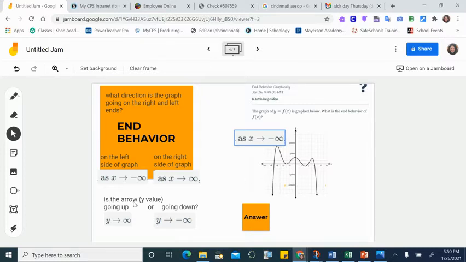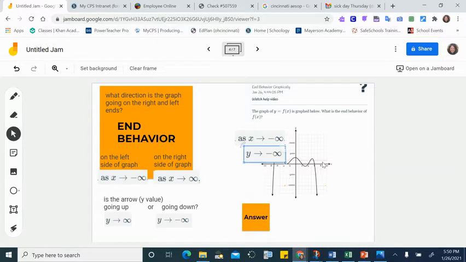Is the y value, or the arrow on your graph, going up or down on this side of the graph? Well, on the left side, it looks like it's going down. So as x approaches negative infinity, left, y approaches negative infinity, down. As x goes left, y goes down over here.